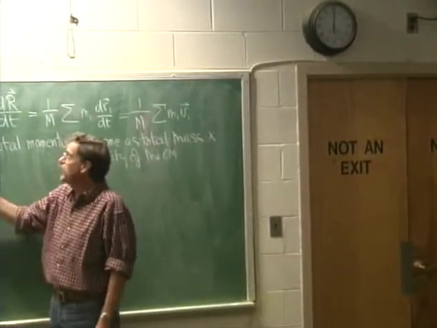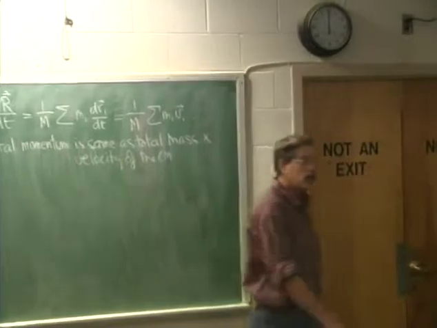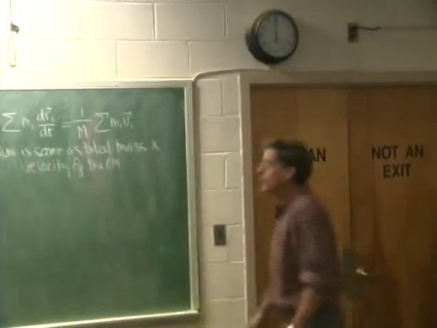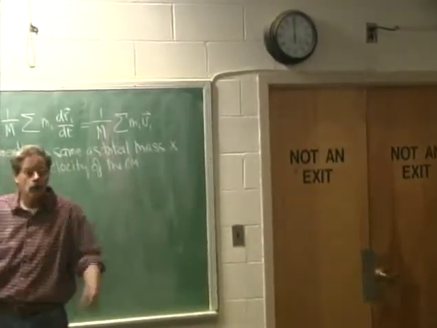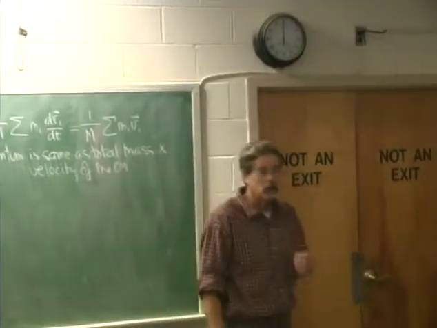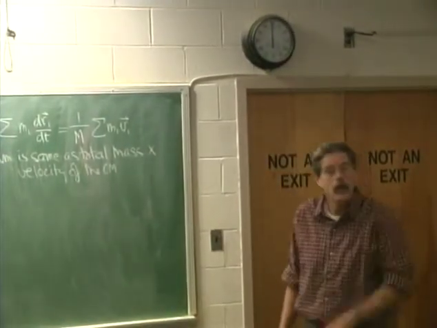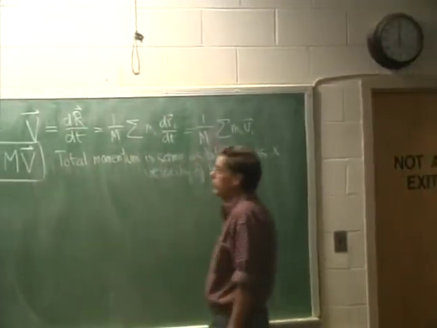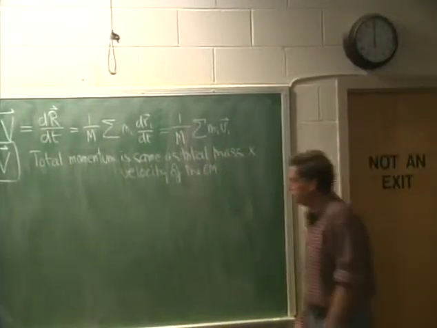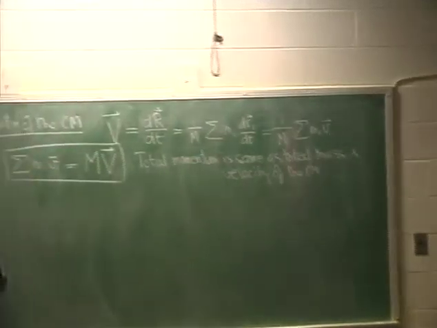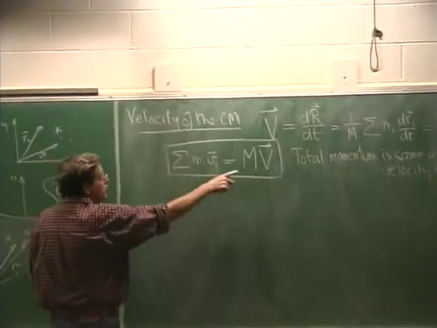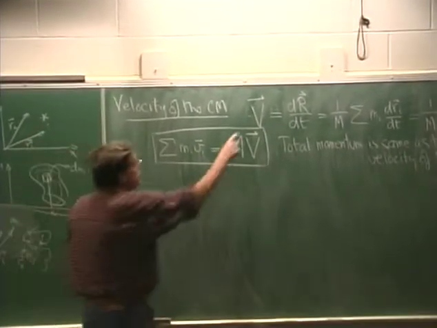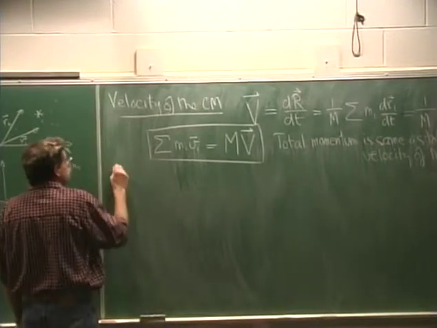Multiply the total mass times the velocity of the center of mass, and you will get the same number as if you had added up all the momenta of each of the atoms that goes to make it up. It's what, as I say, we've been doing by the seat of our pants, but unfortunately, it happens to be valid. Okay, let's differentiate again to get the acceleration of the center of mass.